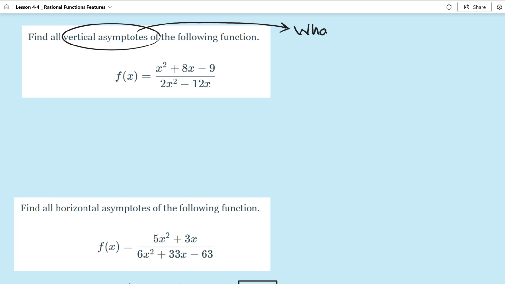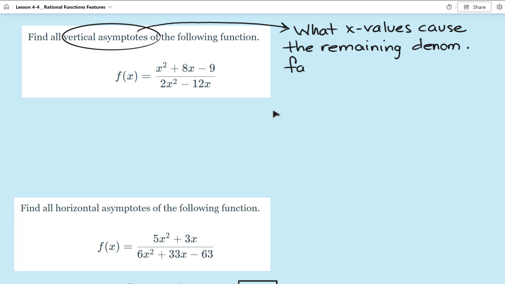What x values cause the remaining denominator factors to become 0? All right, so the key word in this one is remaining.